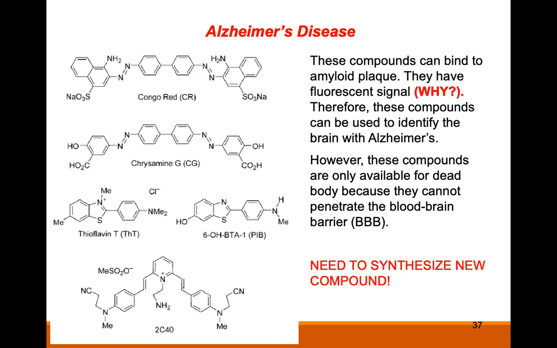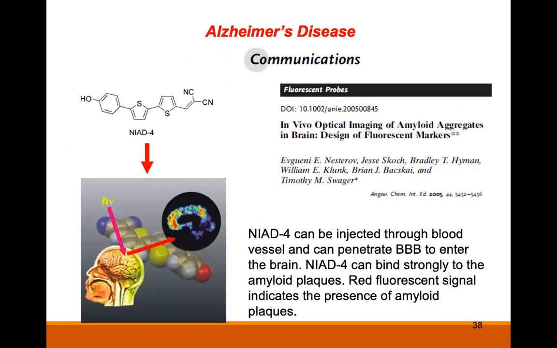That is the purpose of the blood-brain barrier. But once you have a disease in the brain, we need to treat the brain, yet drugs cannot penetrate the blood-brain barrier. So that's the issue. So there is research on the synthesis of new compounds.